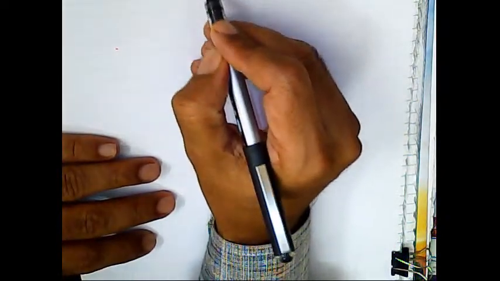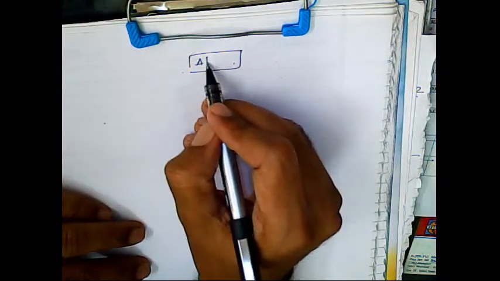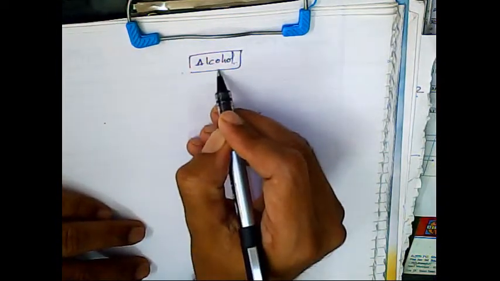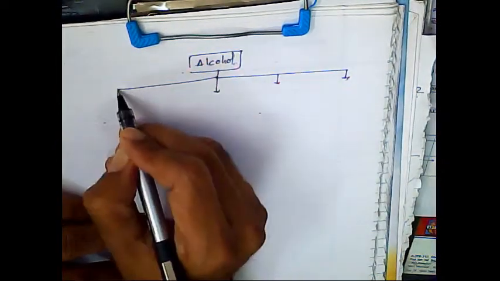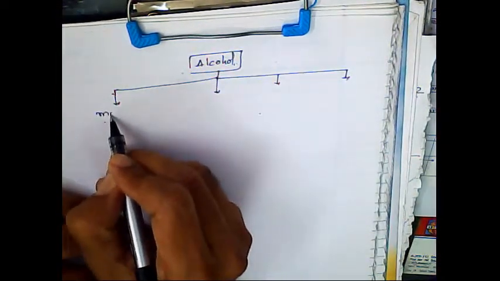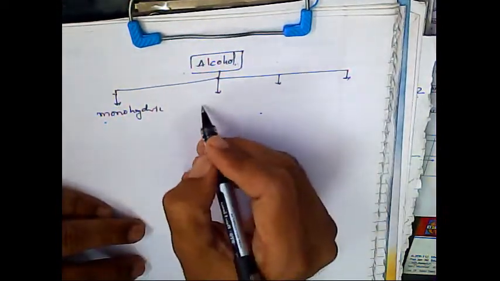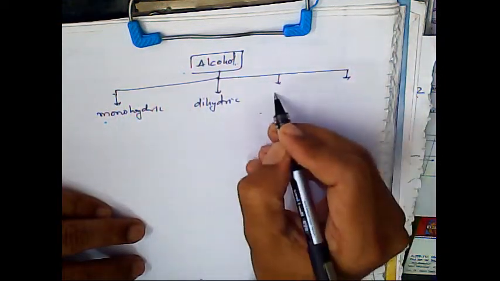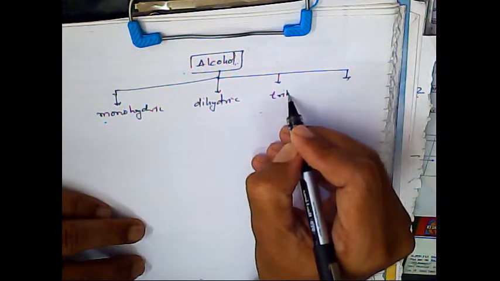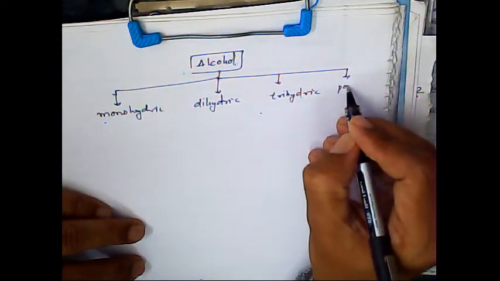So what we have seen up till now: alcohol is the main class. It is divided into four subclasses. One is monohydric alcohol. The second is dihydric alcohol. Trihydric alcohol is the third one. And the fourth one is polyhydric.